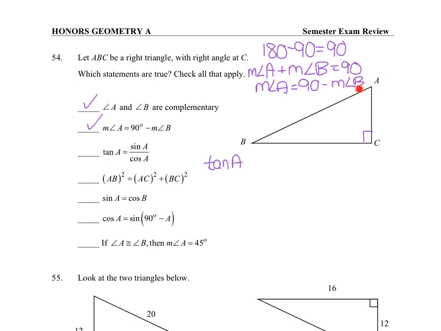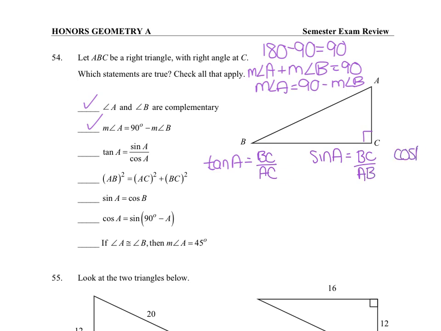So we're looking from this angle right here. Tangent is opposite over adjacent, so it's going to be equal to BC over AC. Sine of A is opposite, which is BC, over hypotenuse, which is AB.